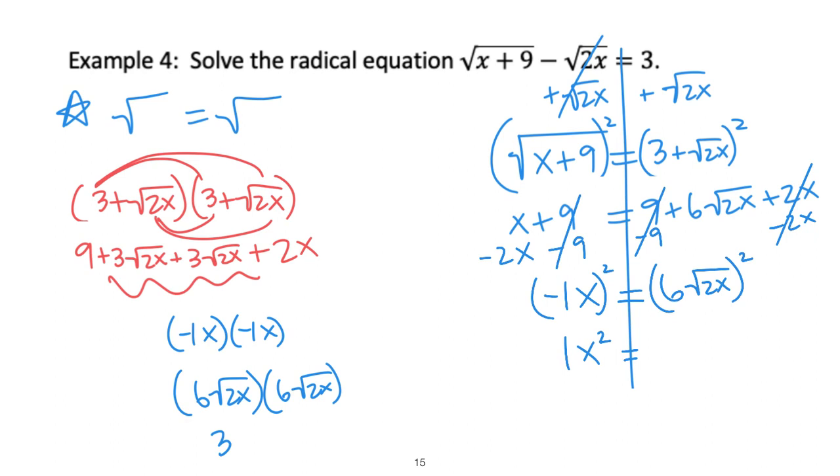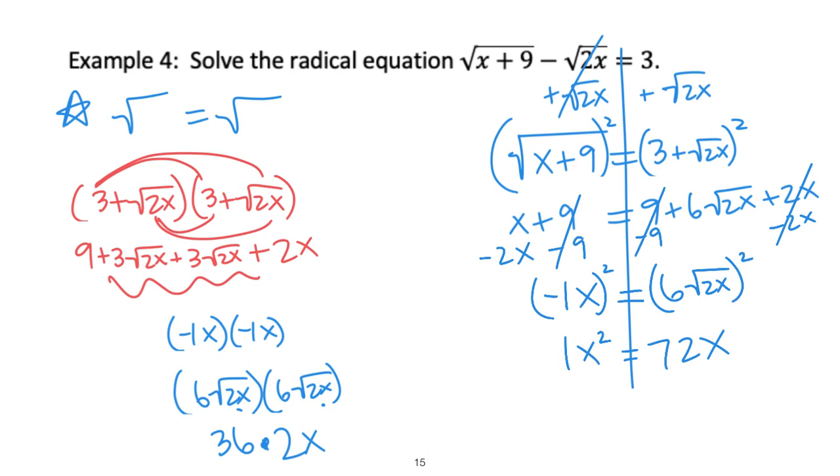And we just talked about if we do a square root of 2x times a square root of 2x, it's 2x. So really, 36 times 2 would be 72x. Whoa, a lot just happened.